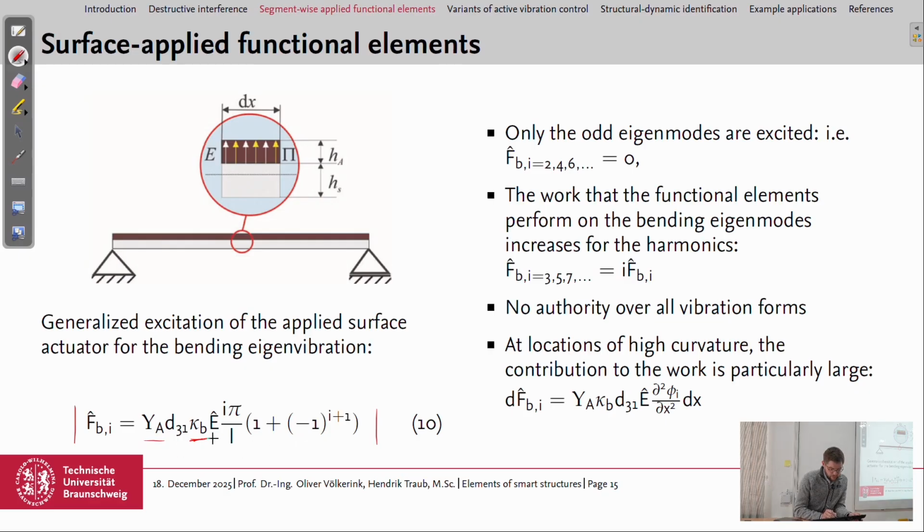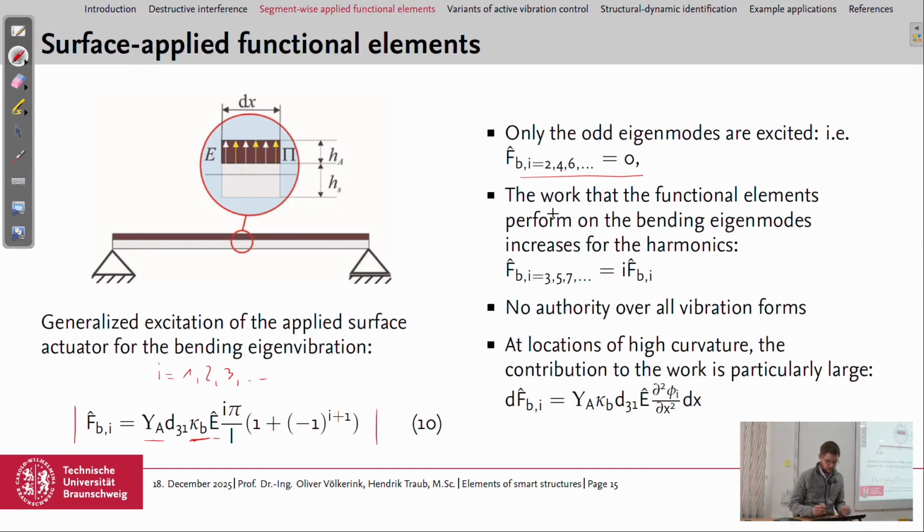And we have again the small signal behavior we already know, but we can have a look at different eigenmodes. Here we can see that if we put different values for I in it, so 1, 2, 3, and so on for the different eigenmodes, then only the odd eigenmodes can be excited, because the even ones are 0.